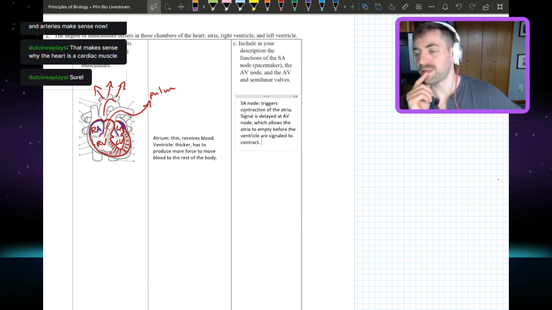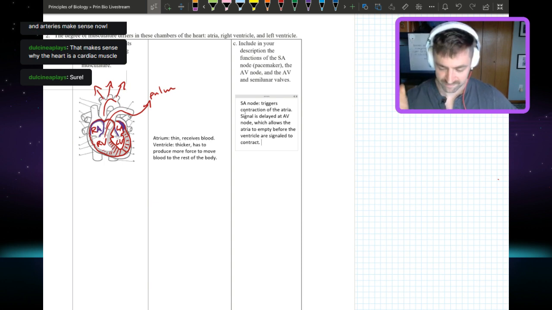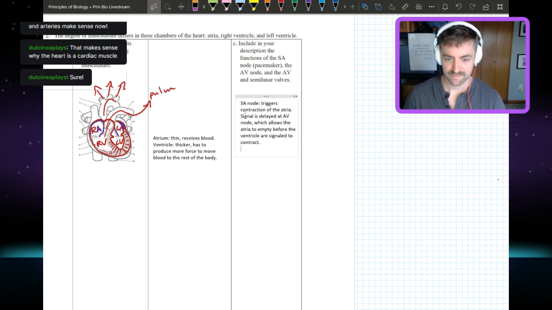Why might it be a problem if there isn't sufficient delay between the SA node and the AV node? And I'm going to type while you guys ponder that.